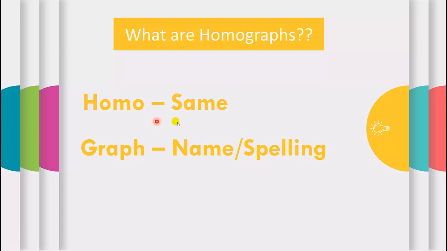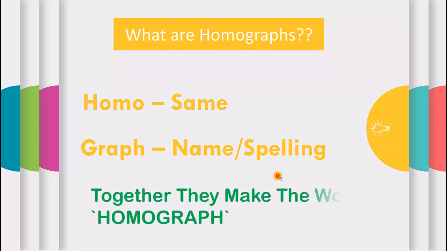But homographs are the words which have the same spelling, different meaning, and different sound. So I'll tell you again, homographs are words with same spelling, different meaning, and different sound. Together they make the word homographs. Now I'll show you a few examples of homographs.